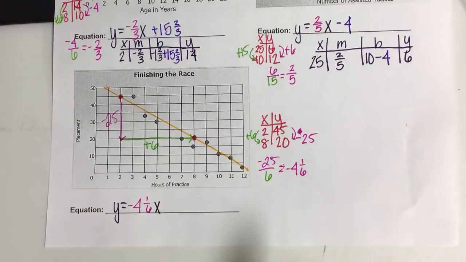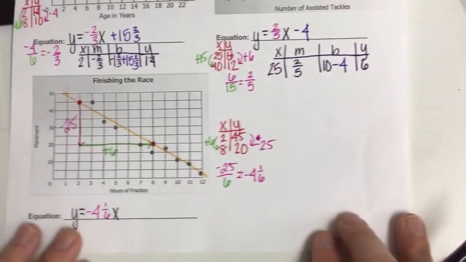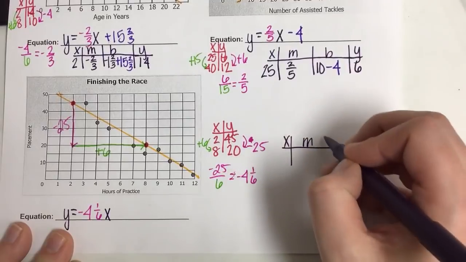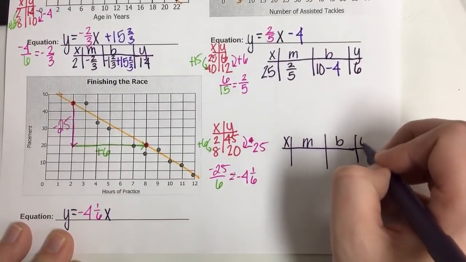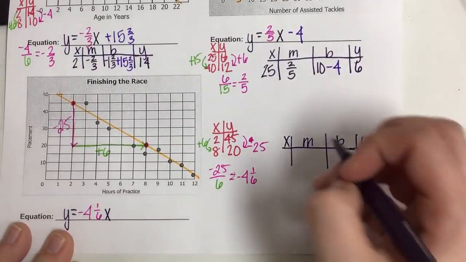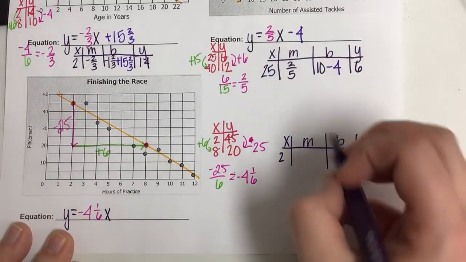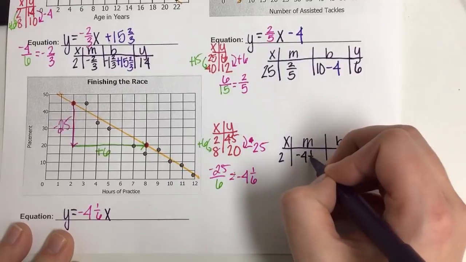Okay, so now when you find our y-intercept, again, it's not clear exactly on our graph what our y-intercept is. So I'm going to make a table. Okay, using my first ordered pair 2, 45. And my m is negative 4 and 1/6.